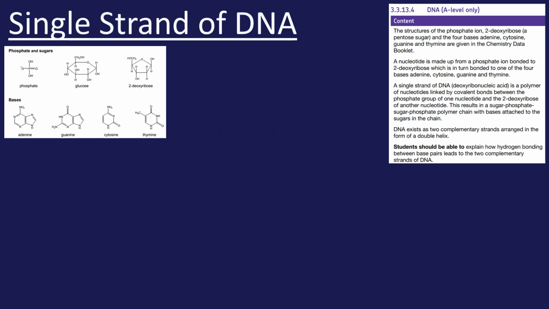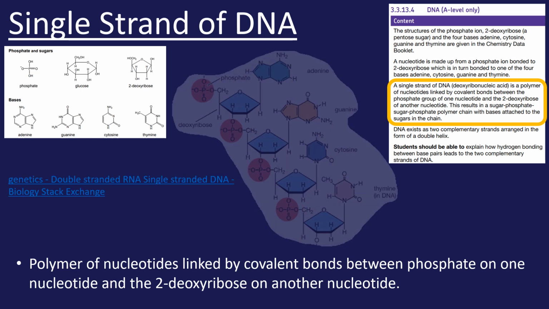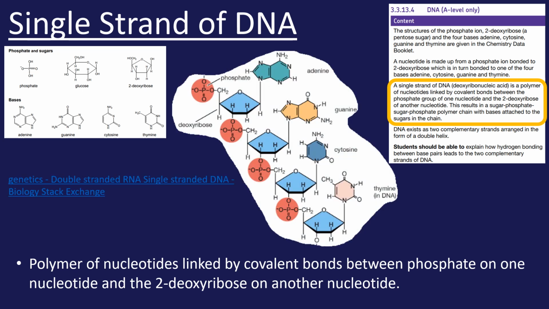Okay then, so what we need to do now is to see how these nucleotides make up a single strand of DNA. So a single strand of DNA is literally many, many nucleotides bonded together. Okay, so let's have a look at this diagram, thanks to Biology Stack.